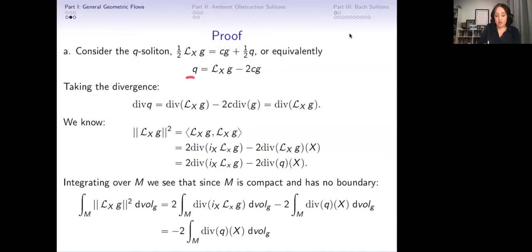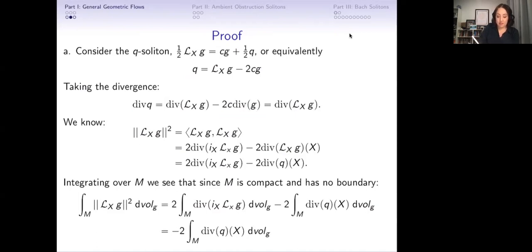I'm going to take the divergence of each side. So I get divergence of Q equals divergence of each of these. The divergence very much behaves like a derivative, especially with regards to multiplication, addition, subtraction, things like that. So I take the divergence of my Lie term and the divergence of my metric.